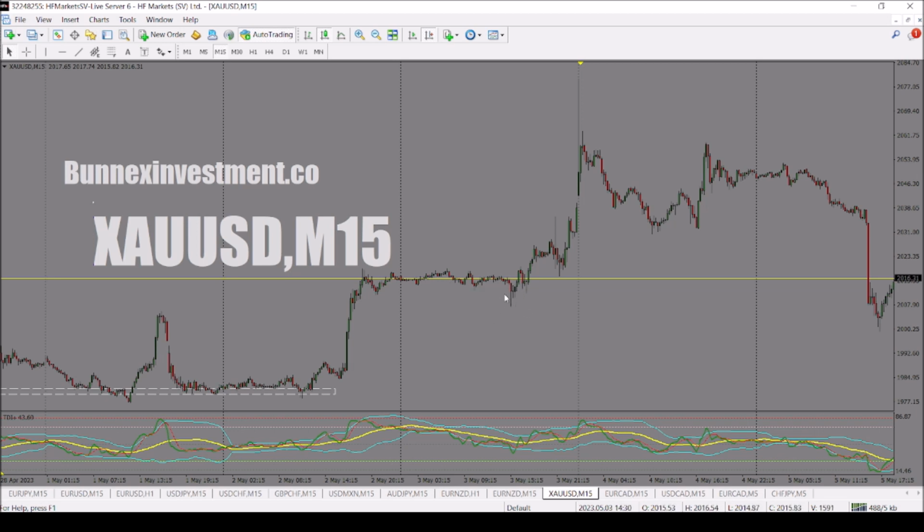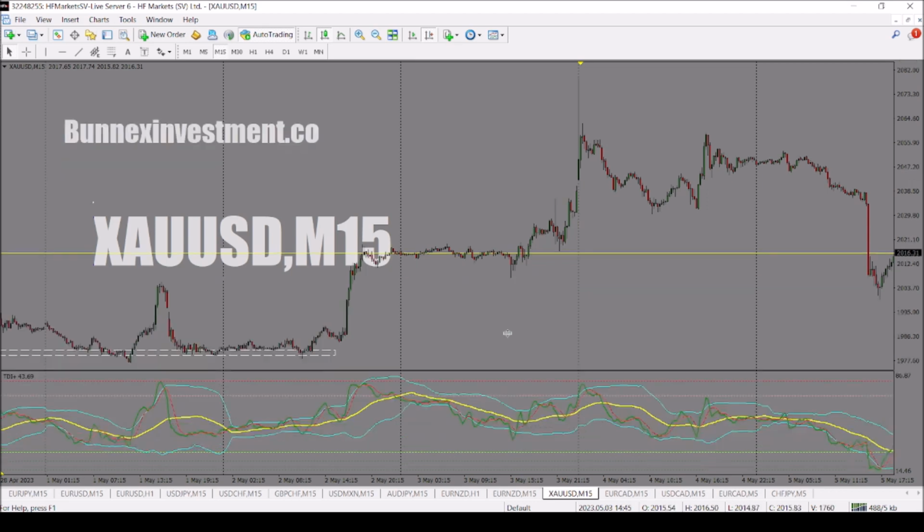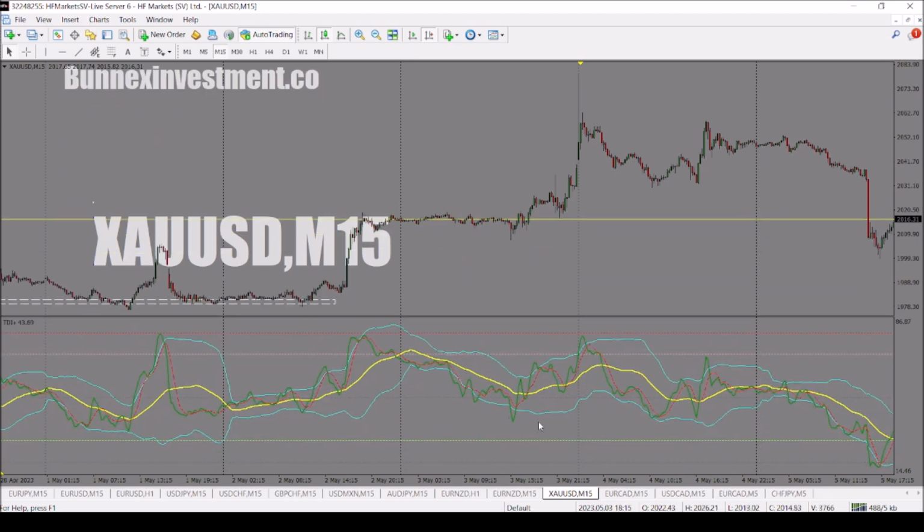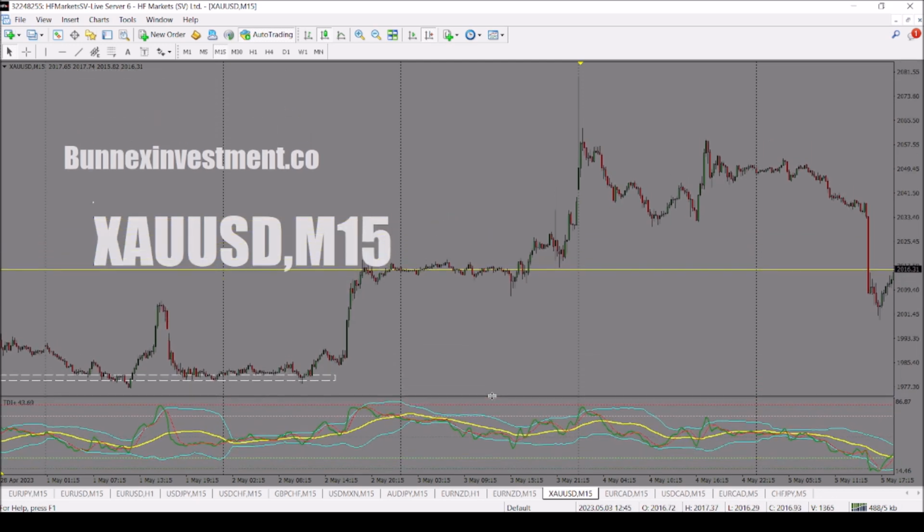After that, we can see that on the TDI there was a corresponding shark fin, which was in line with the trend that we have set. So after that, we can now enter at a candlestick reversal pattern within the markets.